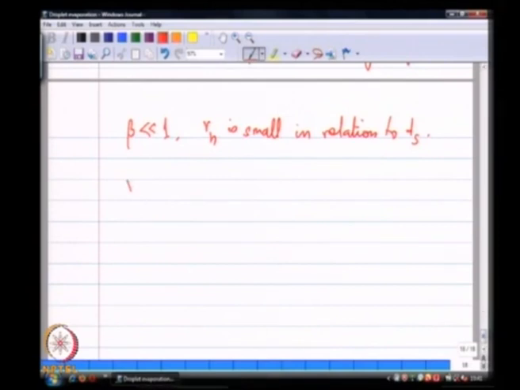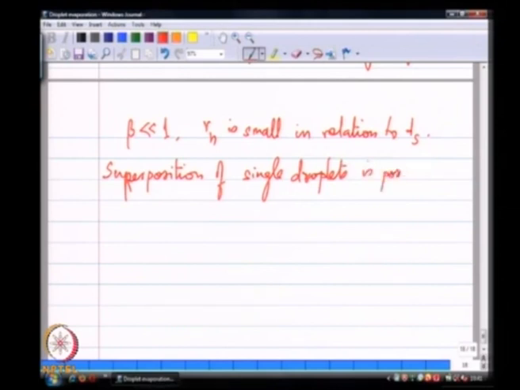So, this Y a, so superposition, when alpha is greater than 1 and you have to ensure that both of these are valid. You cannot just take one or the other and assume that you can use single droplet studies superposed to study a spray.